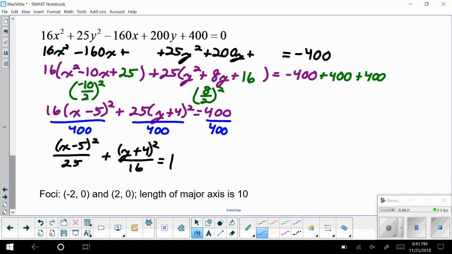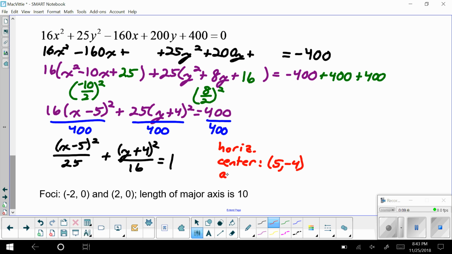So this ellipse is horizontal. Its center is at 5, negative 4. I know it's horizontal because 25 is the larger number and it's under the x's.